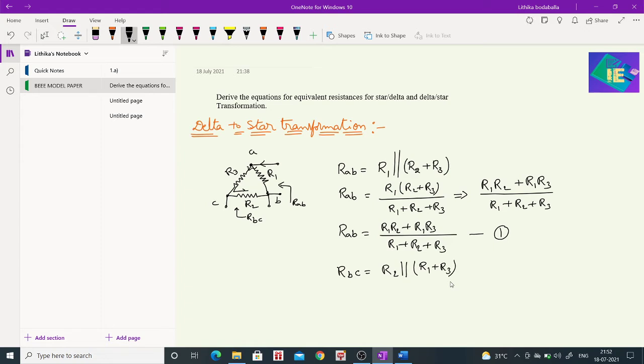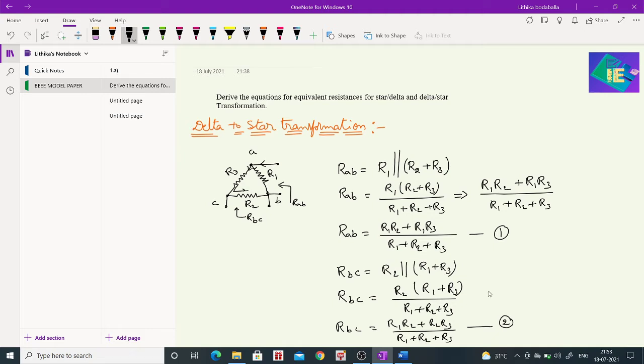Now the parallel combination gives RBC equal to R2 multiplied by R1 plus R3, divided by R1 plus R2 plus R3. If you further reduce this, you will get R1 R2 plus R2 R3, divided by R1 plus R2 plus R3. Let it be equation 2.